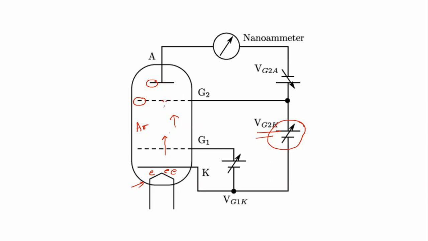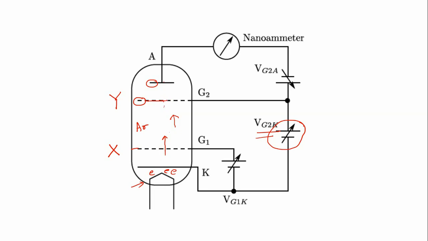Suppose I give some names: this one is X and this one is Y. When the electron reaches grid 2, that is the Y position, during this distance from X to Y it must have gained some amount of energy, because this is at positive potential, so it is accelerated and gains some energy.